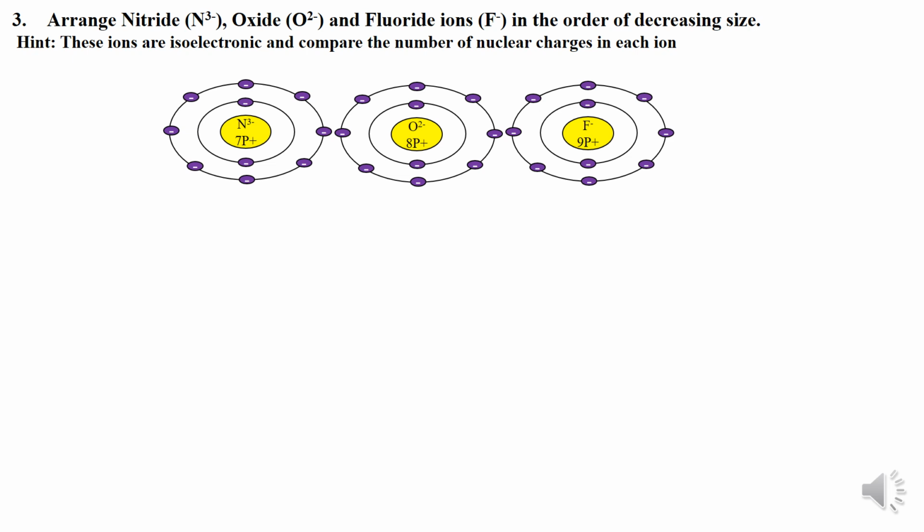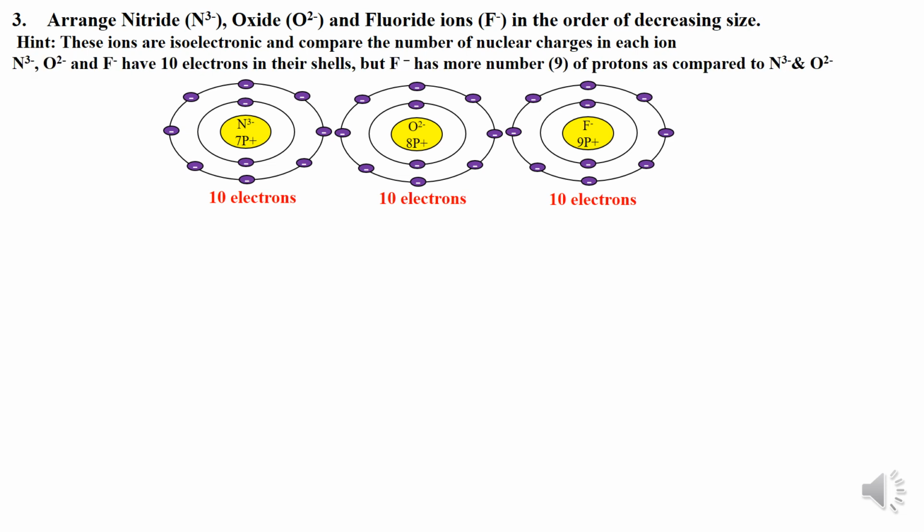All 3 ions have an equal number of electrons, that is 10 electrons, and therefore they are isoelectronic. So what will be the next step? Now we know that the given series of ions are isoelectronic in nature. So move on to step 2, that is count and compare the number of protons in each ion.